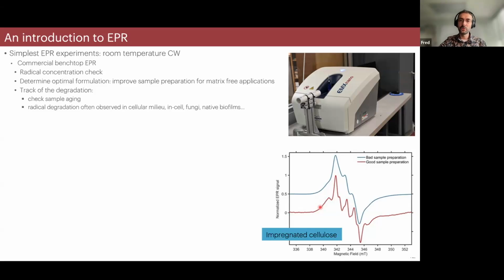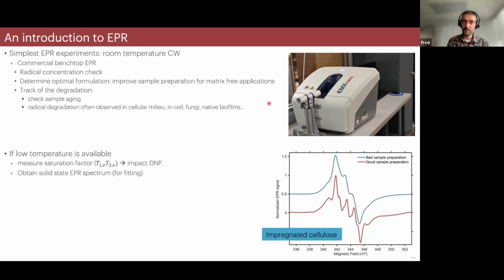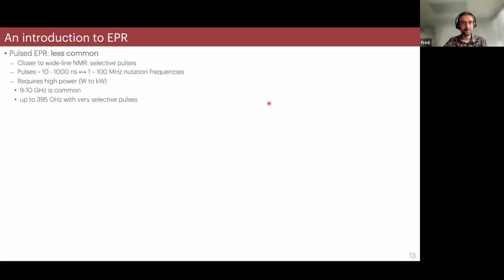And of course, such a benchtop EPR spectrometer can be used at low temperature, and you can also measure a saturation factor. That's when you change the microwave power, or you can obtain a solid state EPR spectrum, which can be used later for fitting. A less common form of EPR is pulsed EPR.